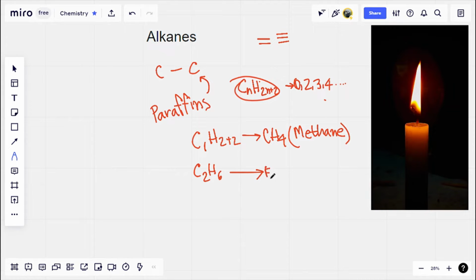ethane, E-T-H-A-N-E. If we put 3, we will get C3H8, which is the third member of alkane, propane. Put 4 and we will get C4H10, and it's butane.